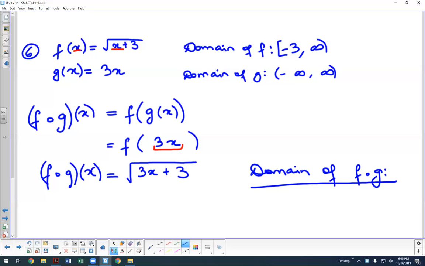The easiest way, if you're trying to plug in numbers and figure out what's going to give you 0, other than that, the easiest thing is take what's inside the radical and set it equal to 0 to figure out where it becomes 0 at. So in this case, you would end up with 3x plus 3. Set it equal to 0. Get your x by itself. We start by subtracting by 3.